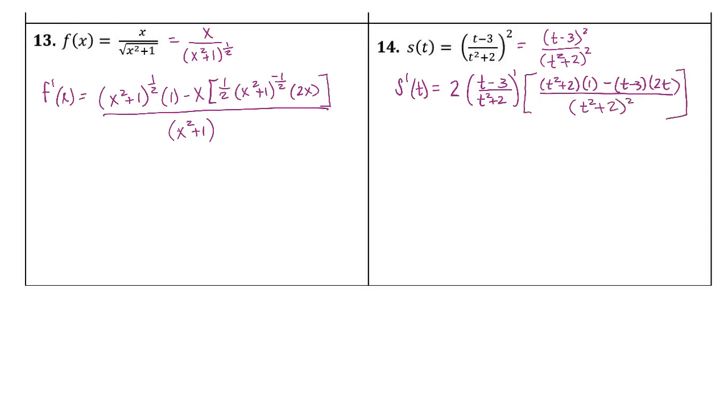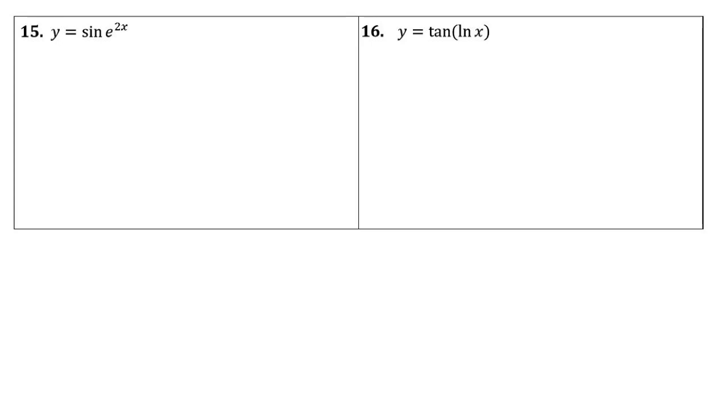All right. Okay, now with our trig functions, this is where we really use that chain rule quite a bit, and that's because all of this is our angle. So here when we do our derivative, y prime, the derivative of the outside would be doing the derivative of your trig function.